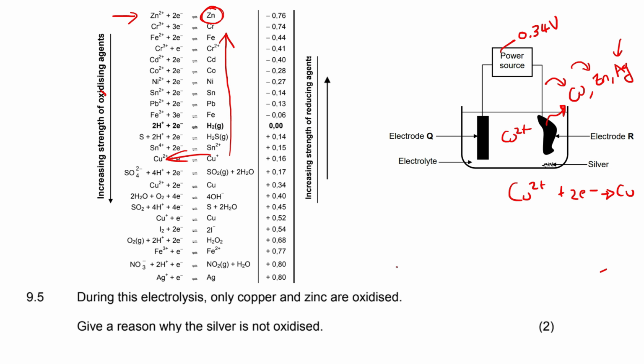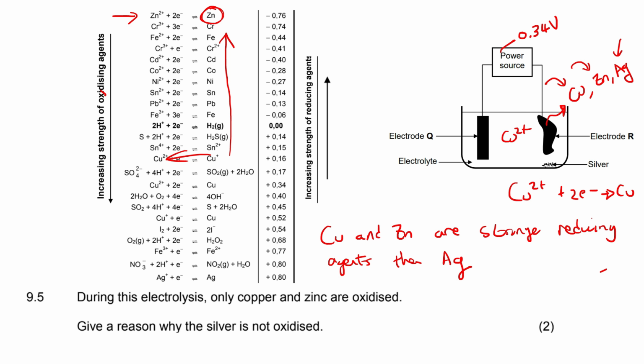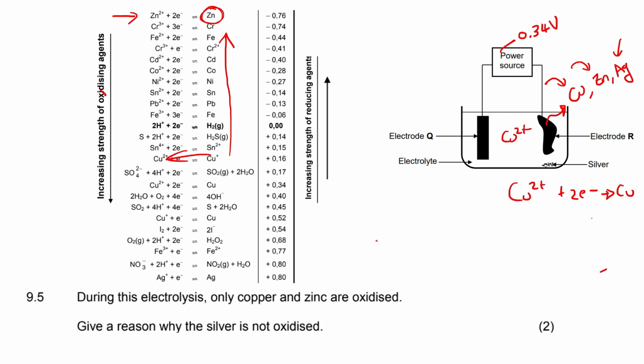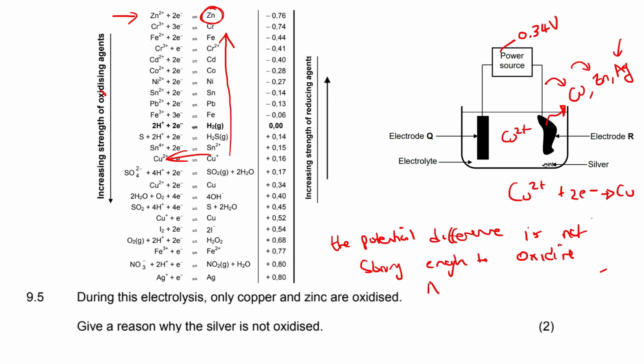Just say copper and zinc are stronger reducing agents than silver. So you can literally just say that the potential difference, which is the power source, is not strong enough to oxidize silver.